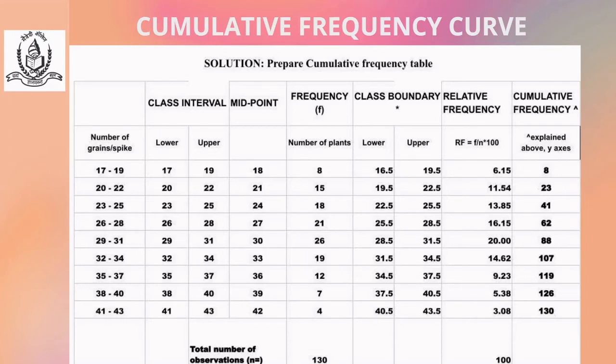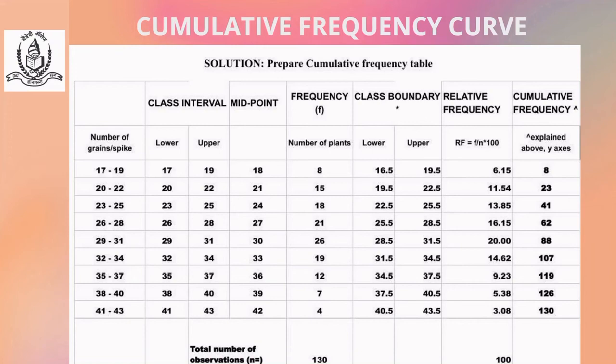I will go over a few values. For the first row, the number of grains per spike is between 17 and 19. The class interval therefore has the lower value of 17 and an upper value of 19. The midpoint would be 18. The frequency, that is the number of plants which are showing this number of grains per spike, is 8.